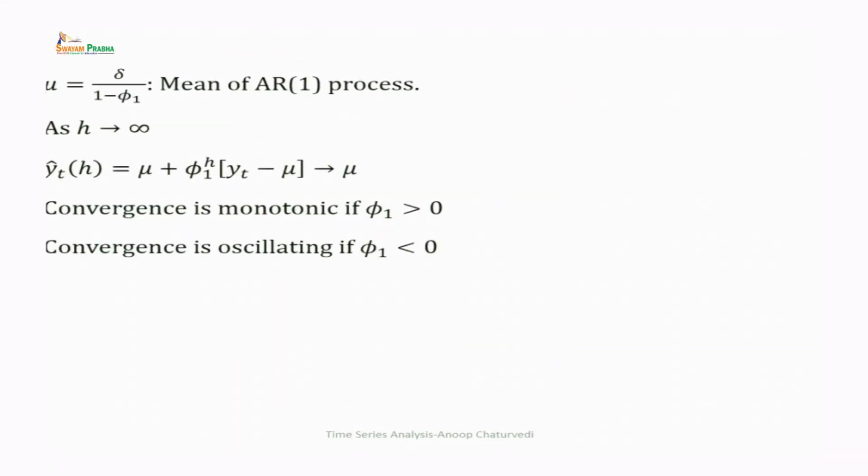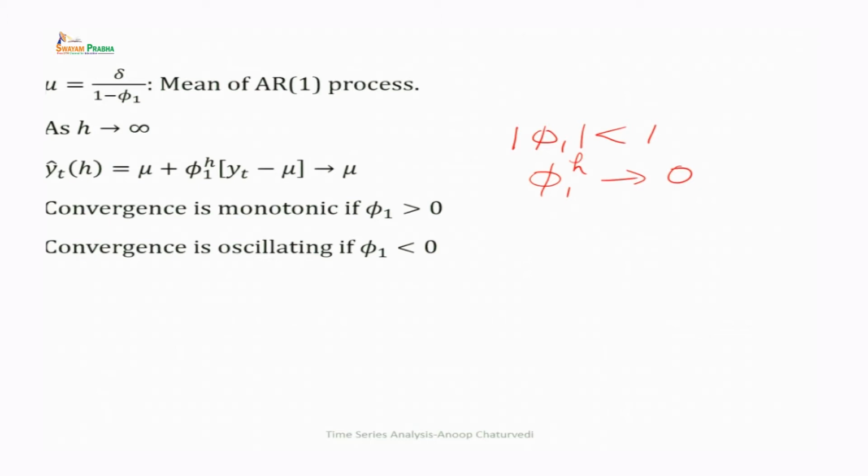So, mu equal to delta upon 1 minus phi 1 is the mean of the process, and as h tends to infinity, y hat t h is equal to mu plus phi 1 to the power h times y t minus mu, and this tends to mu because mod of phi 1 is less than 1. So, phi 1 to the power h tends to 0 as h tends to infinity.